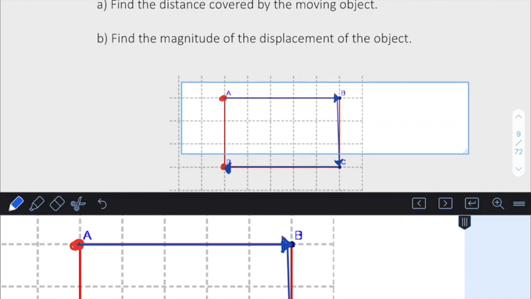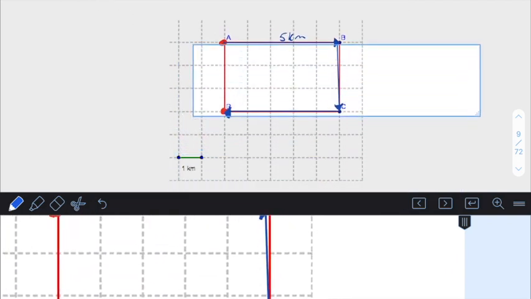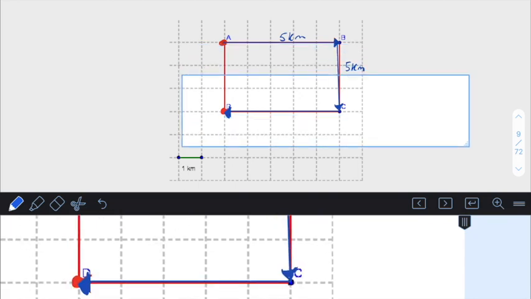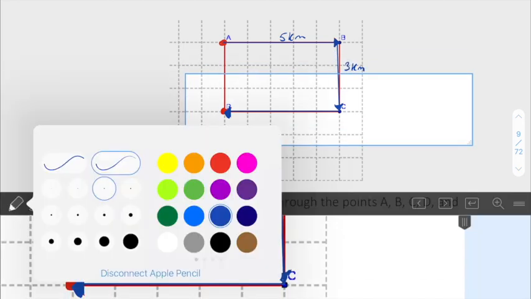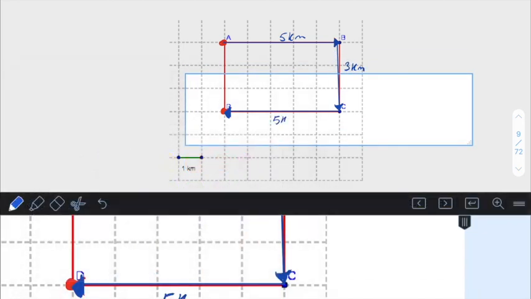So the total distance covered by the moving object would be 1, 2, 3, 4, 5. So we have 5 kilometers here. We have a total of 5 kilometers down this way. Or sorry, 3 kilometers that way. And then down along this side here, we have another 5 kilometers.